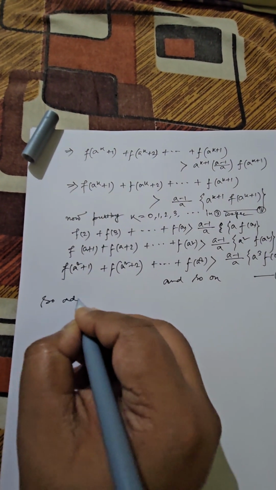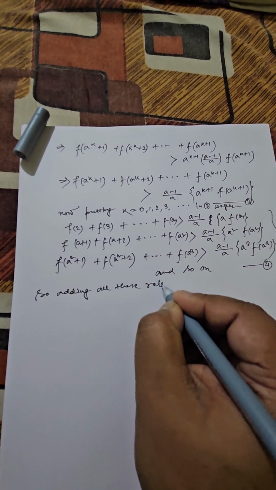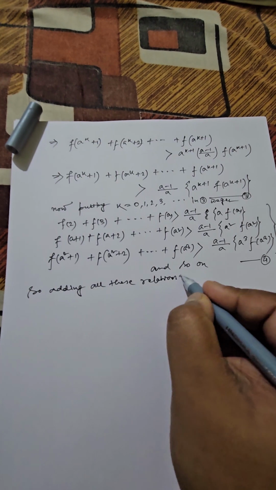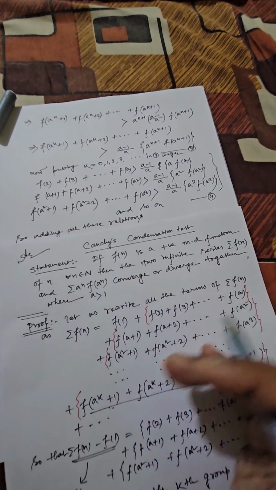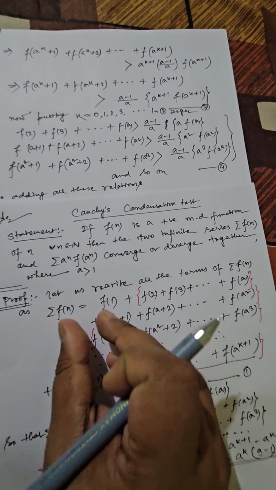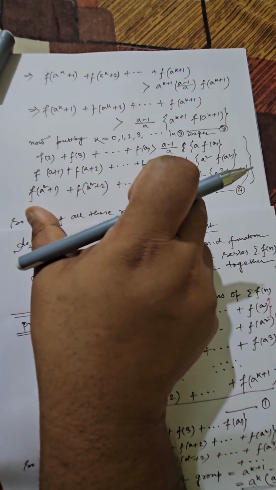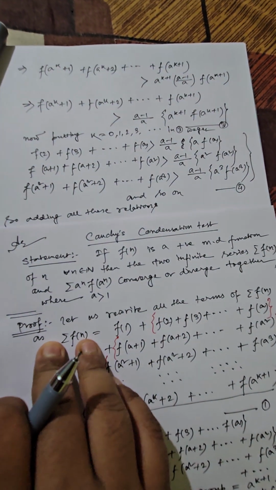So adding all these relations, now can you see something? Remember, this part plus this part plus this part and so on, this is actually summation fn minus f of 1. So on the left hand side, after adding, you have obtained summation fn minus f of 1.